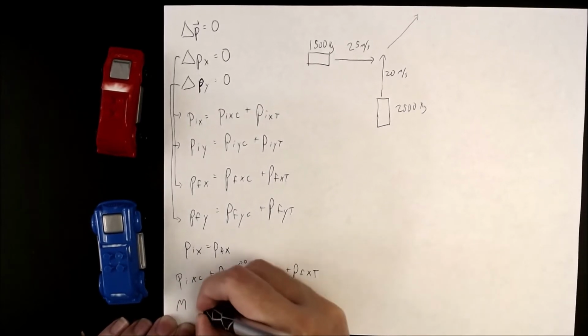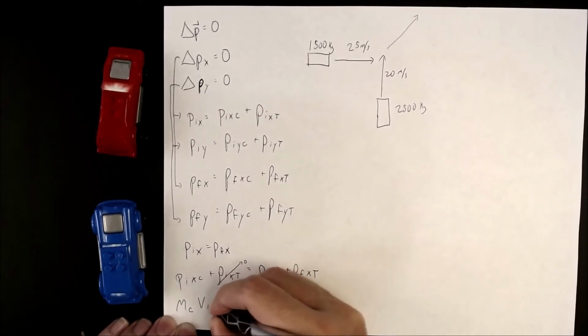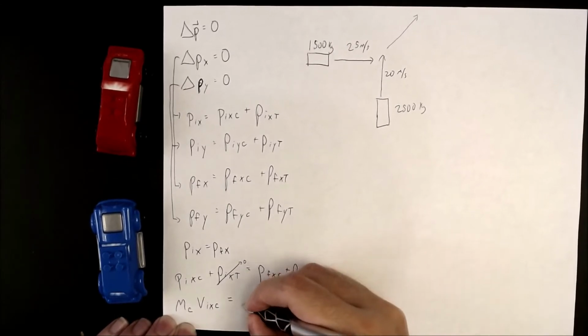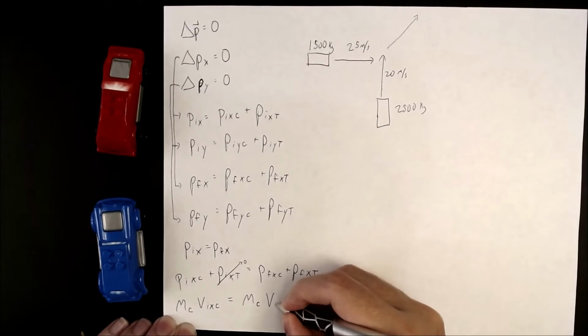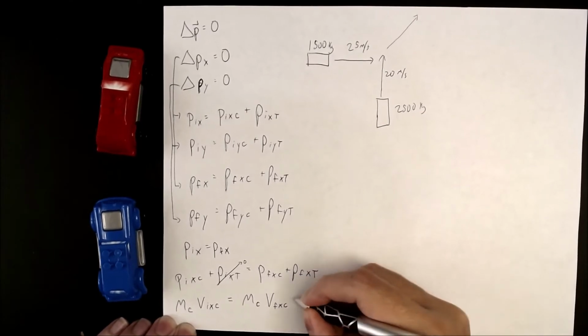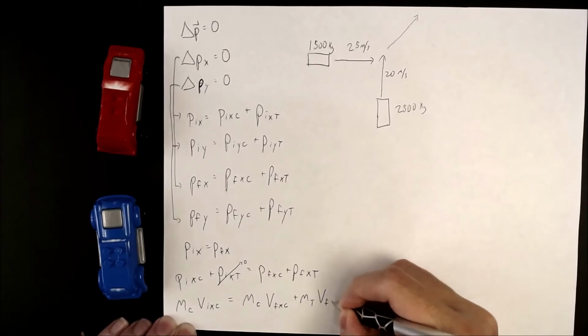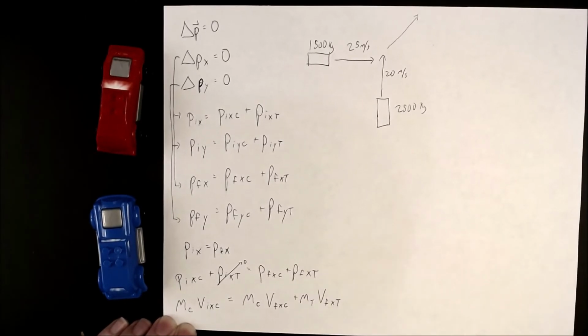This is going to be mass car times velocity initial x of the car is equal to mass car times velocity final x of the car plus mass truck times velocity final x of the truck.